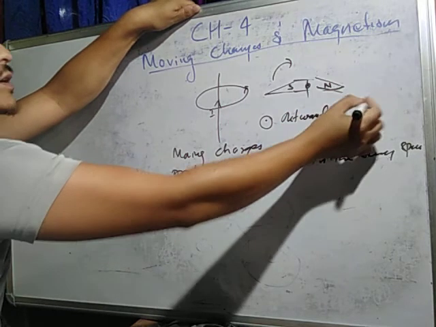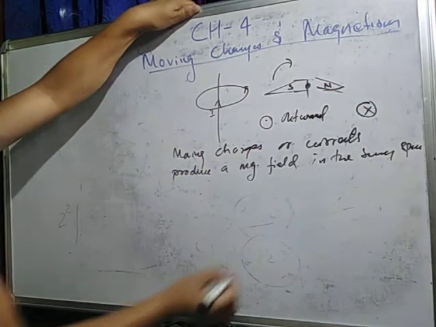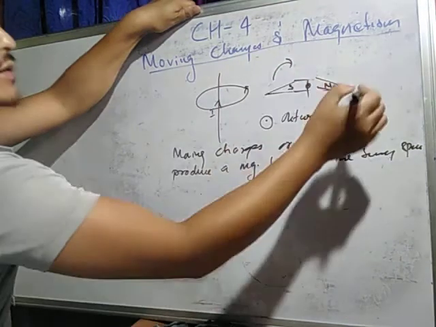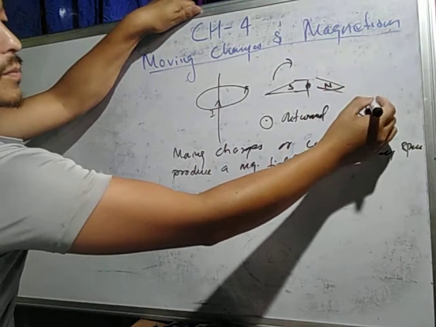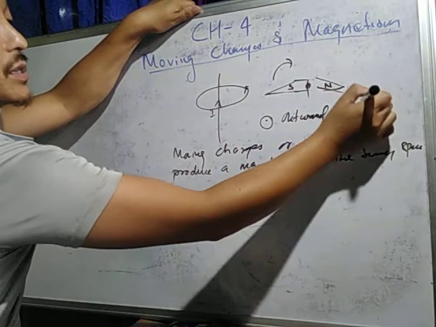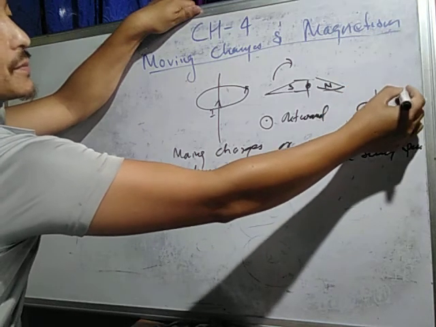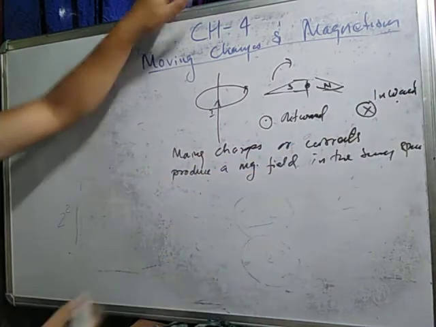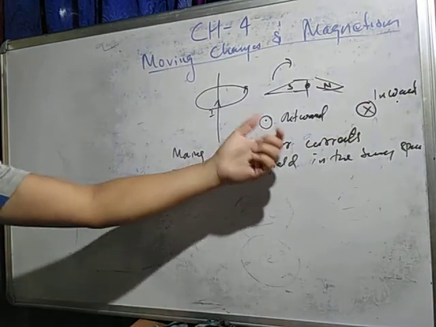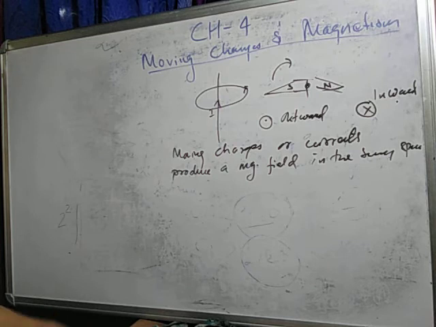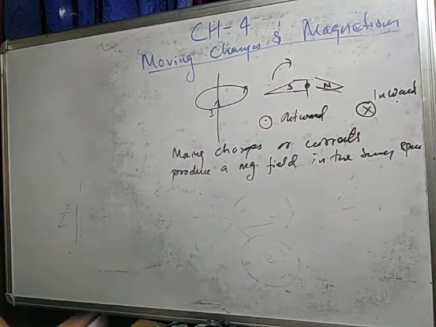If there is a cross, then it is going into the paper, perpendicularly. So this is inward. These are the symbols for the direction of current or direction of field, and they are very convenient.